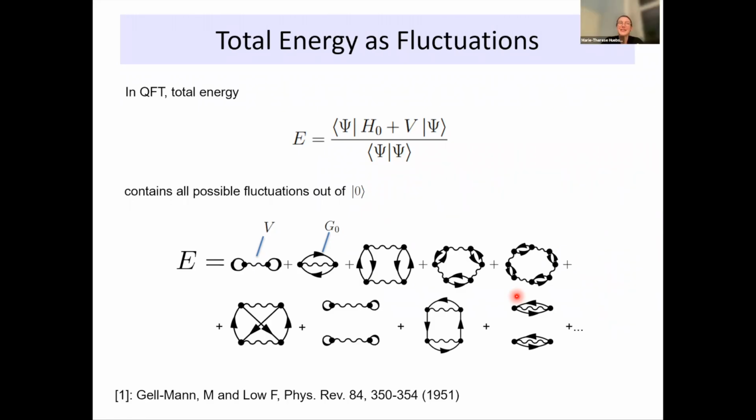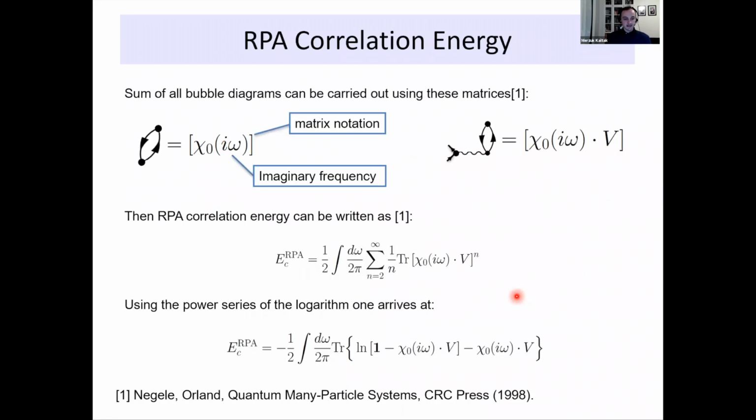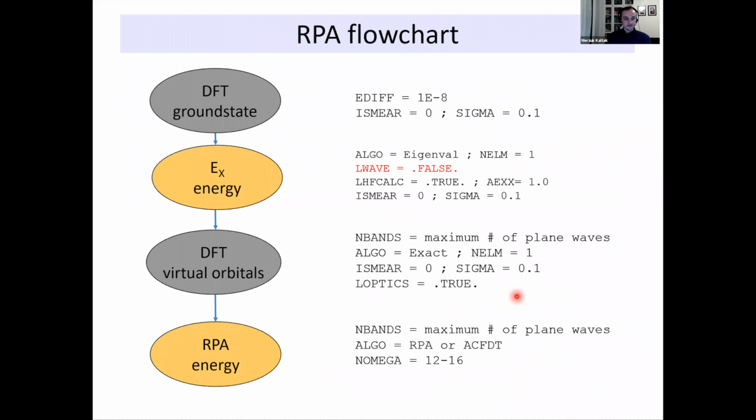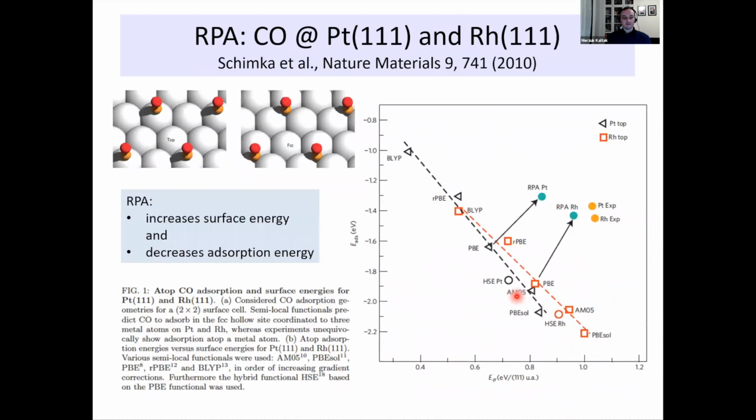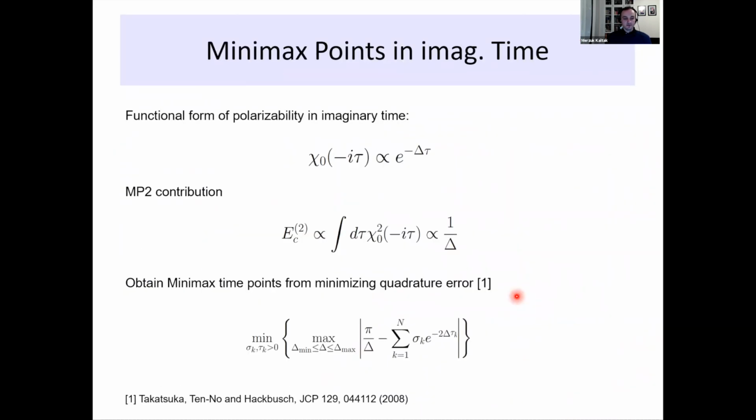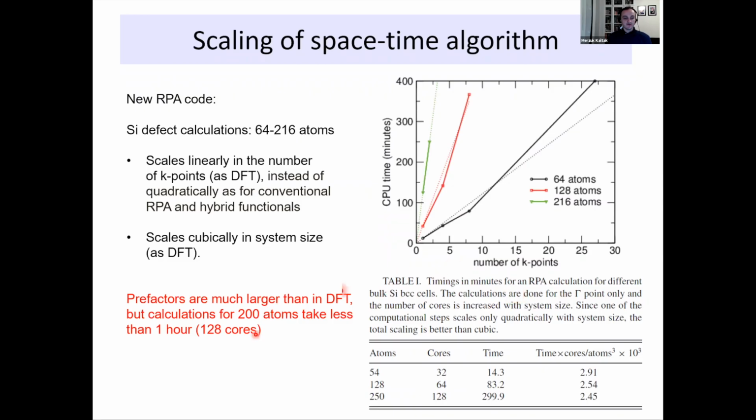What is the realistic size? So the realistic size, so the largest lattice size I have studied for a single-shot RPA calculation, let me pull that up, is about 200 atoms in a cell. So actually 250, but on a gamma point only. This is a single point calculation that takes time, right?